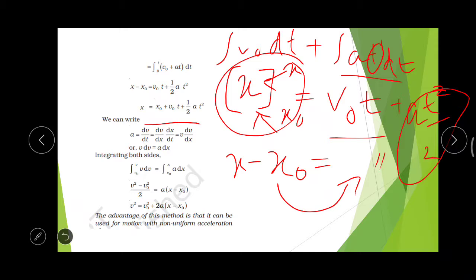But we are just multiplying and dividing that equation with a dx. So dx will cancel each other, it will not affect that equation. So it will become dv by dx into dx by dt. Okay, so dv by dx will remain as it is, and dx by dt, we know, is the equation for instantaneous velocity.